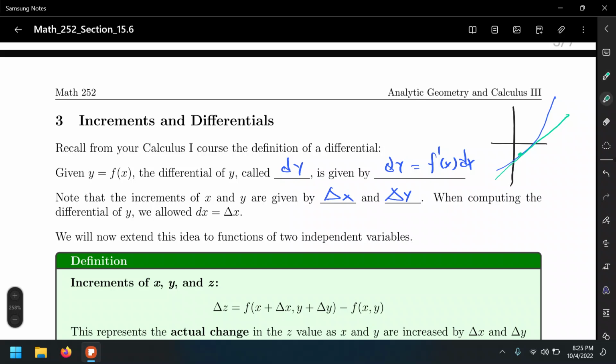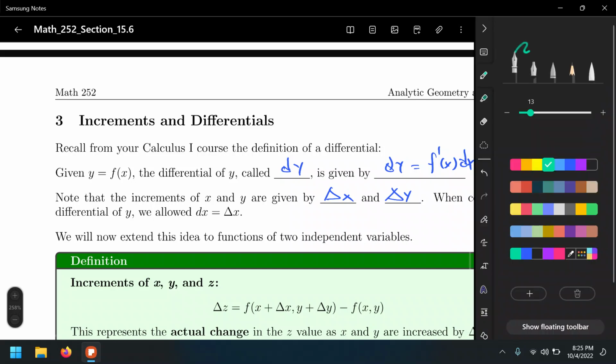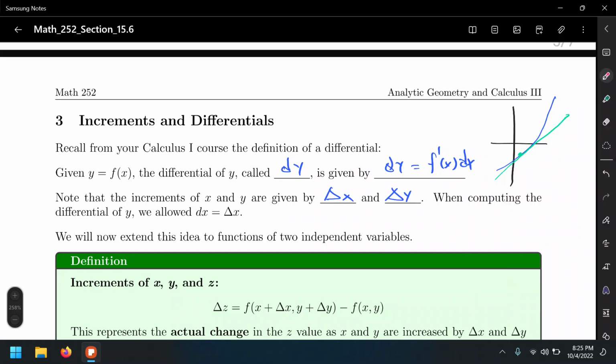The tangent line has the following slope, which relates some delta x and some delta y, the rise over run, if you will, y2 minus y1 over x2 minus x1.